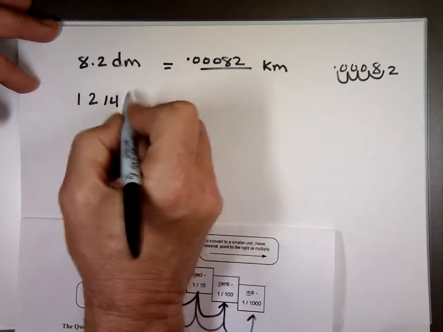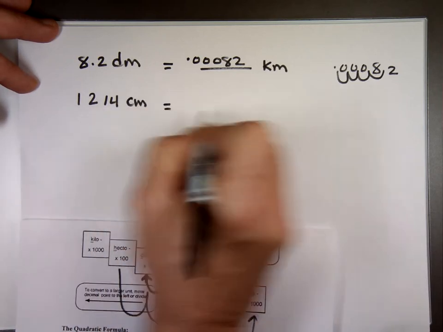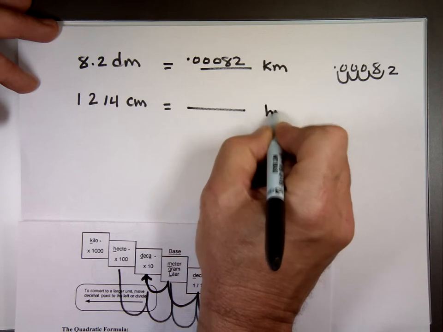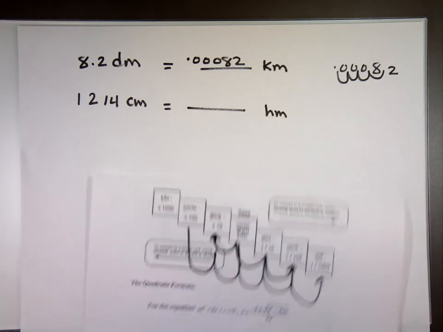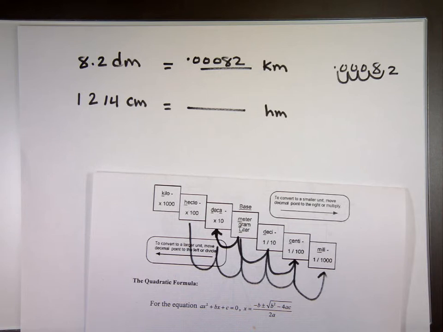Next, 1,214 centimeters, and I want to change it to hectometers. Centimeters to hectometers.